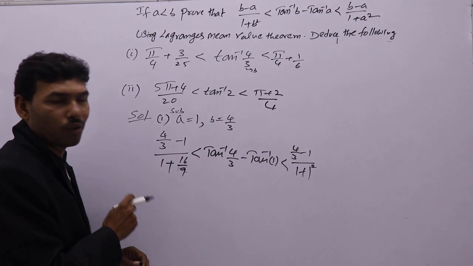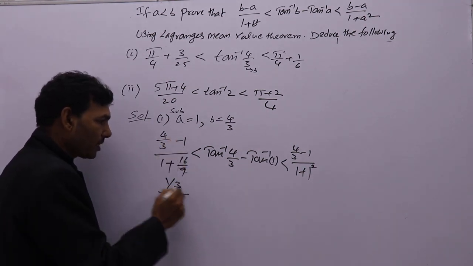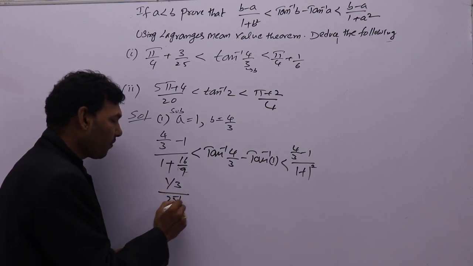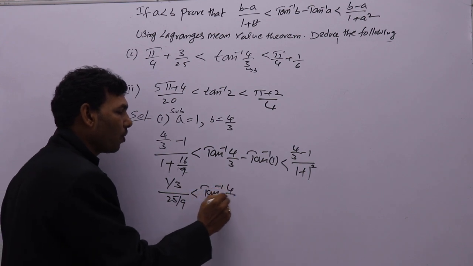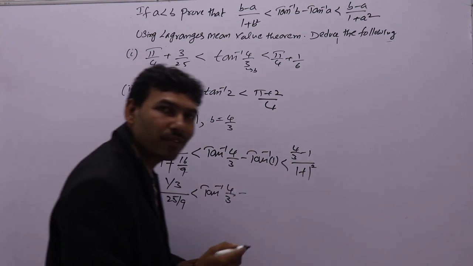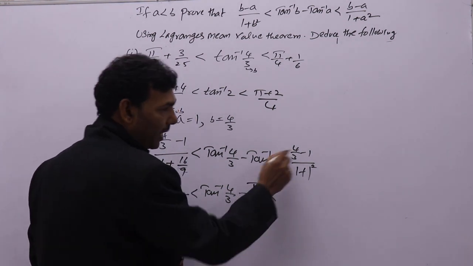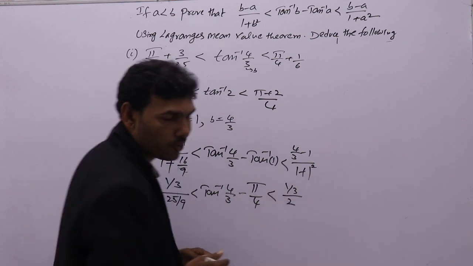Now you all know, if you take 3 LCM here, 4 minus 3 is 1, 1 by 3 by, if you take 9 LCM, 9 plus 16 is 25, 25 by 9 is less than tan inverse 4 by 3 minus tan inverse of 1, which is 5 by 4, is less than, again here numerator you will get 1 by 3 by 2, 1 plus 1 is 2.